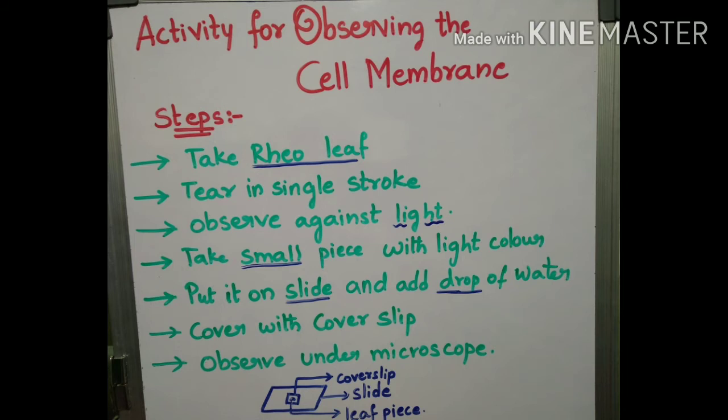Take a small piece of leaf peel with a light colored transparent portion, because there are dark and light portions in the leaf peel, and we are taking the light portion. Then put it on the slide, put a drop of water on it and cover it with a cover slip. Then observe the lighter portion of the leaf under the microscope and draw the results which you find.